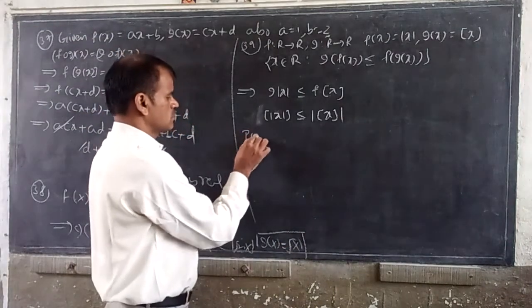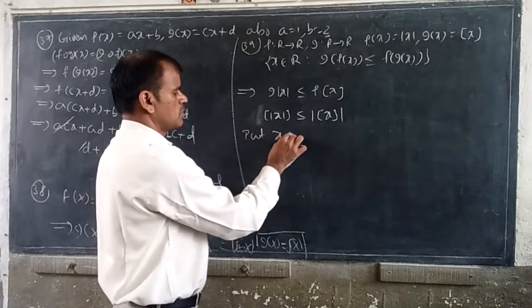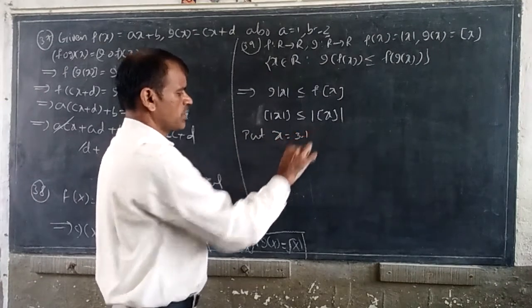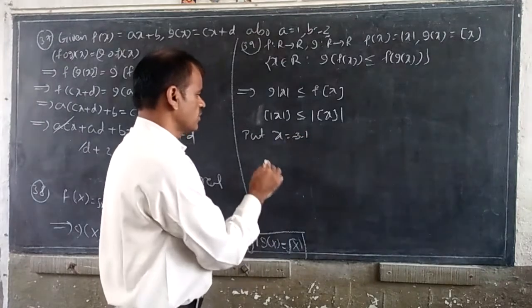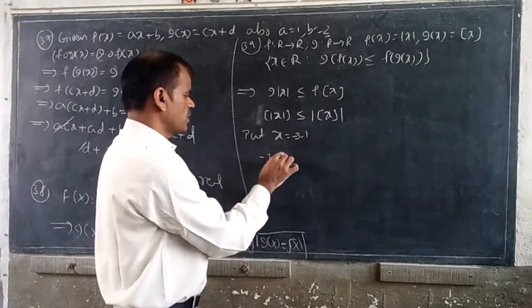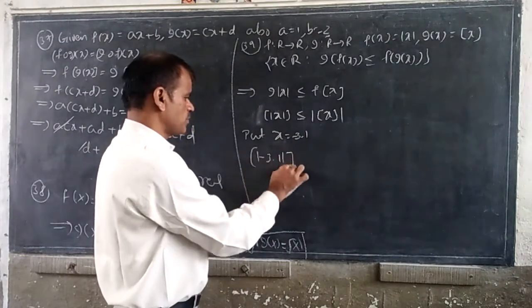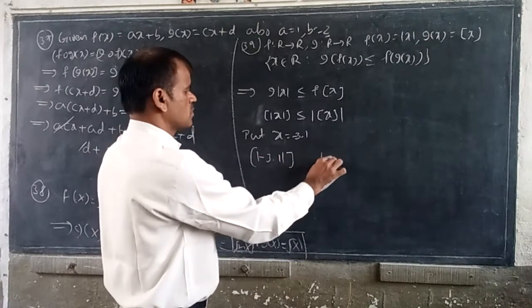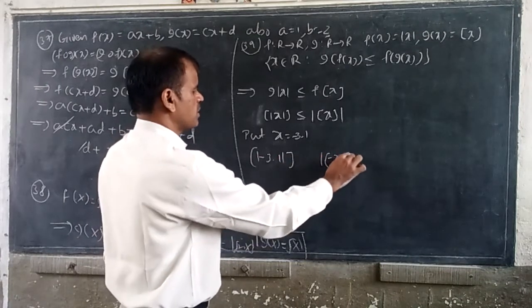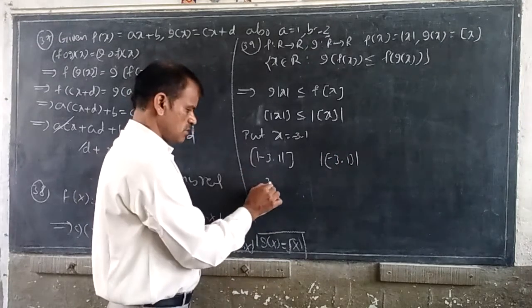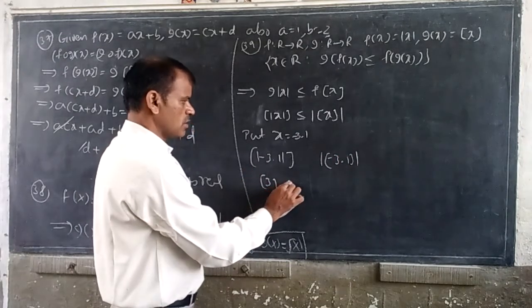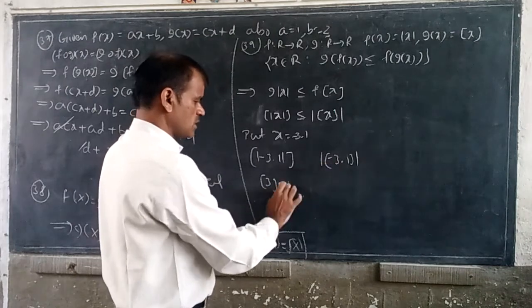Let us put x equal to minus 3.1. Minus 3.1 modulus means 3, step of 3 is 3.